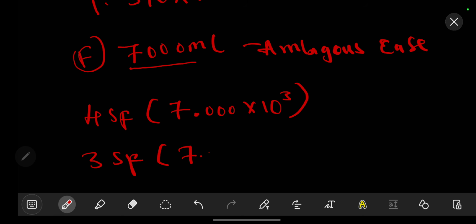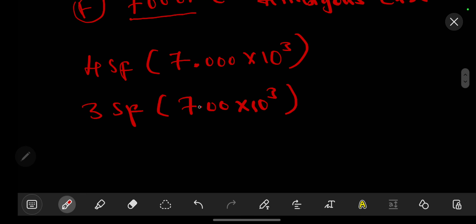If you have 7.00 times 10 to the power of 3, it will still give you 7,000. So you count 1, 2, 3. So someone might say this is 3 significant figures. So this is how you answer this question: 4 significant figures for 7.000 times 10 to the power 3.